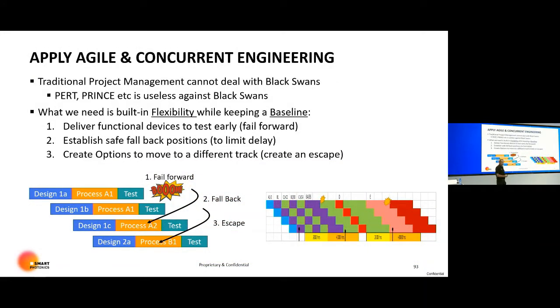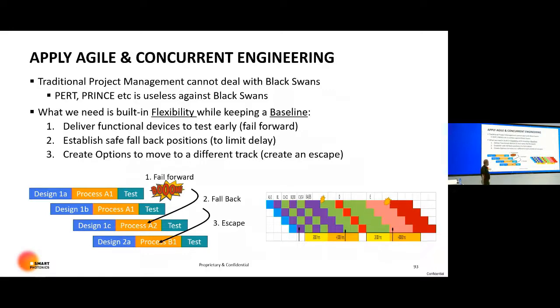Good. Some buzzwords: agile and concurrent engineering, let's call it common sense. What we need is to build in flexibility while keeping a baseline, so that's really important. You have to deliver functional devices to test as early as possible, the fail forward.